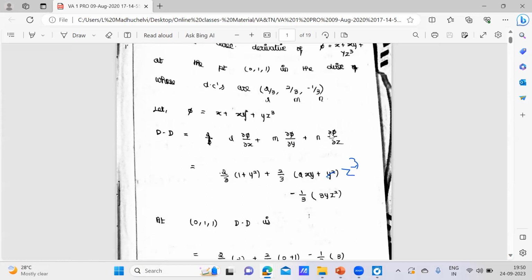Then plus n into dou phi by dou z, n is minus 1 by 3, so minus 1 by 3 into 3yz squared. That is, differentiating with respect to z, we get 3yz squared.